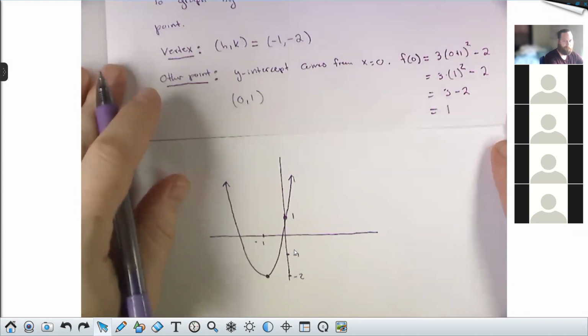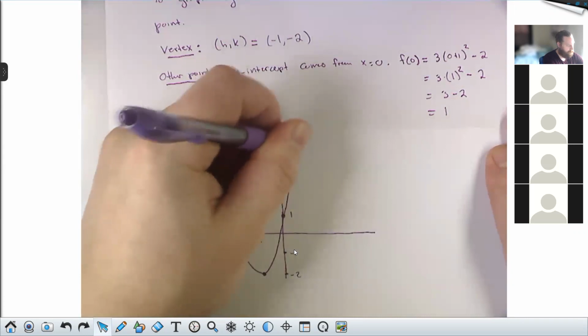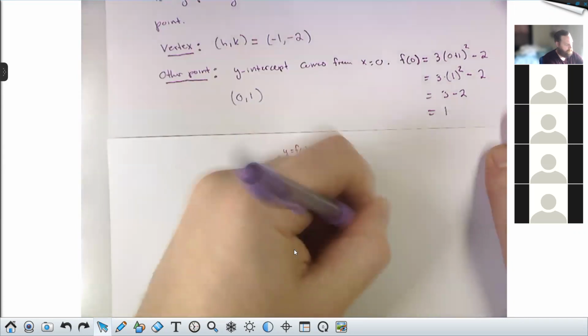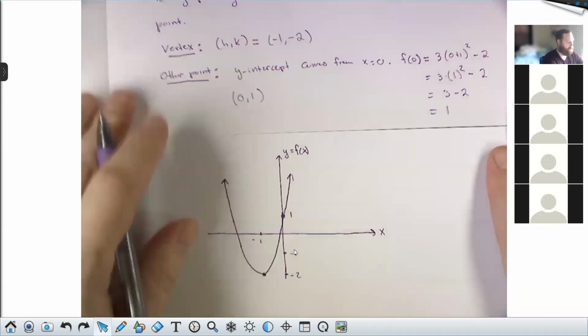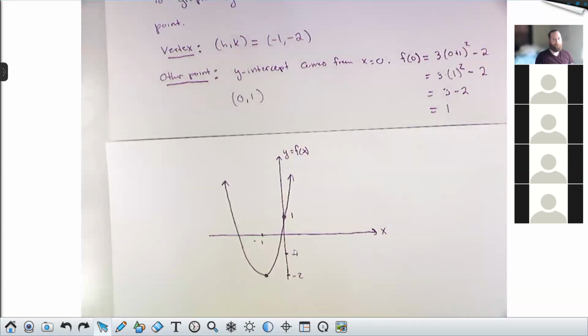Like this. Okay, this is the graph y equals f of x. This is the x-axis. Not too shabby and not too hard.